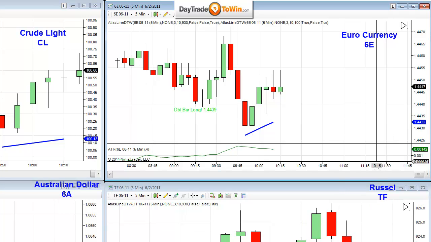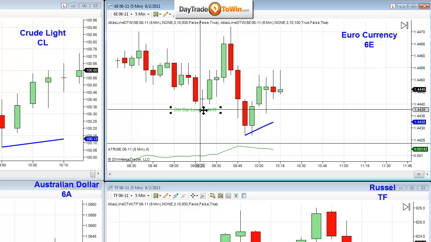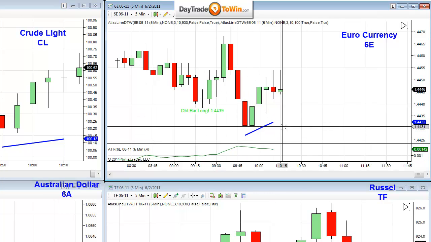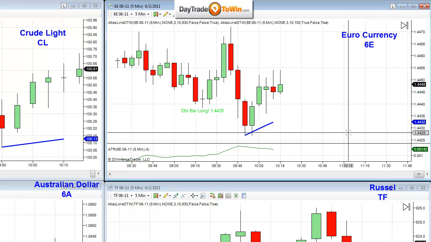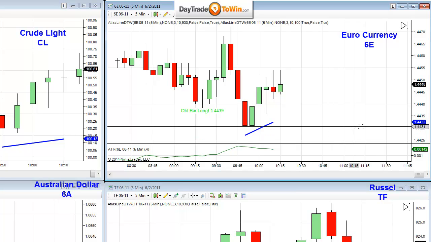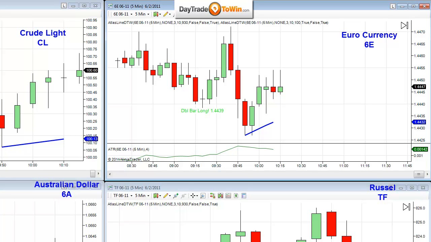All right. So now, why do I have here a double bar long on the euro? Very simply, and I have to make this as simple really as possible, two consecutive candles closing above or below the Atlas line is enough for me to initiate a direction into the market. And so you see here we have this red candle being the first one, this green candle being the second one.